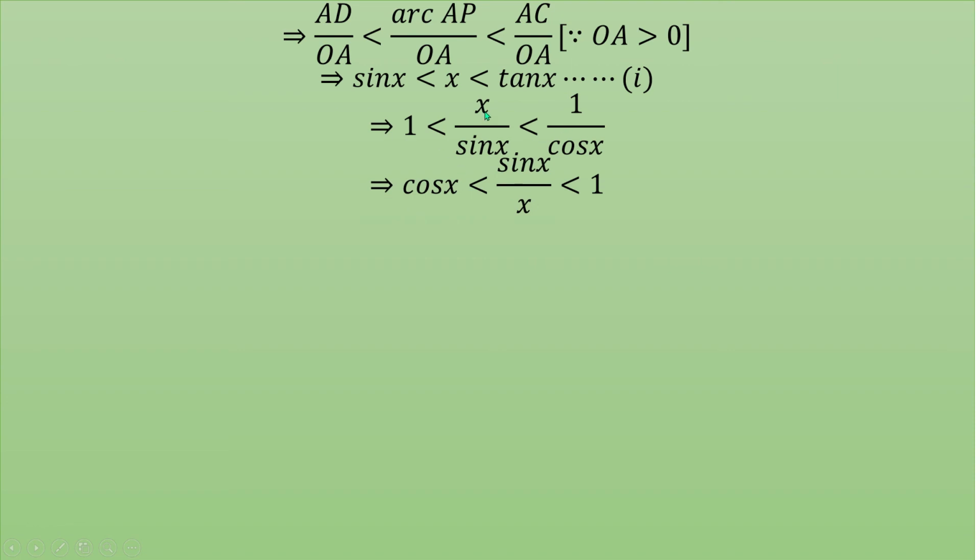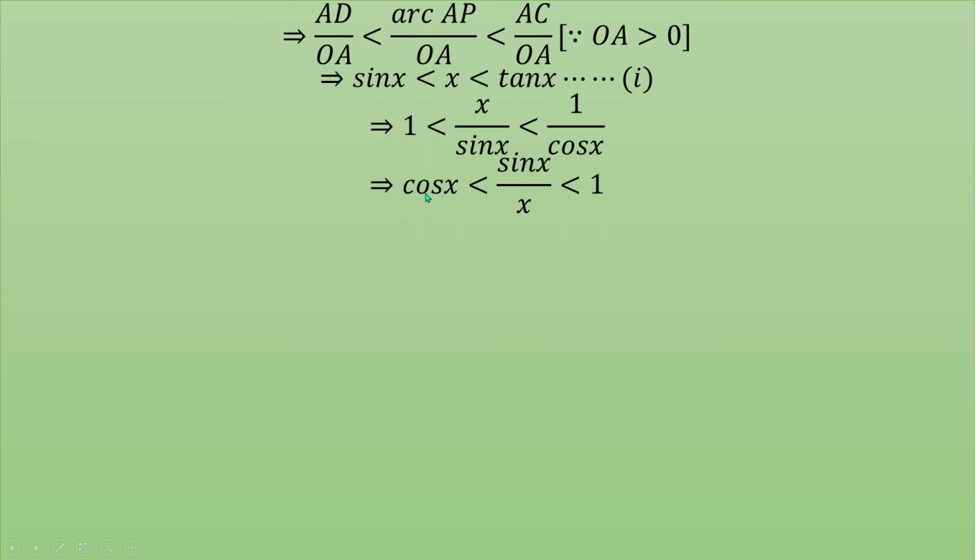And by inverting, we get on the right side cos x by 1, that means cos x, and the inequality signs will be changed. So at first I write cos x, and that will be sin x by x, because we have to prove sin x by x, and here 1 will be 1.